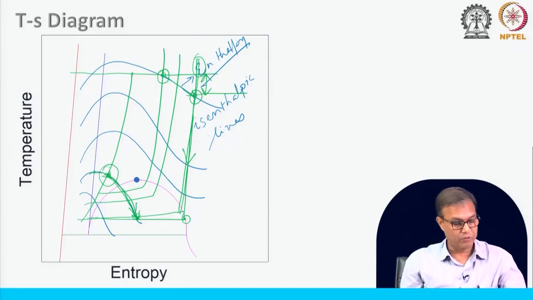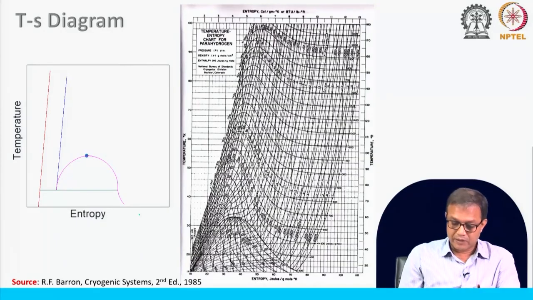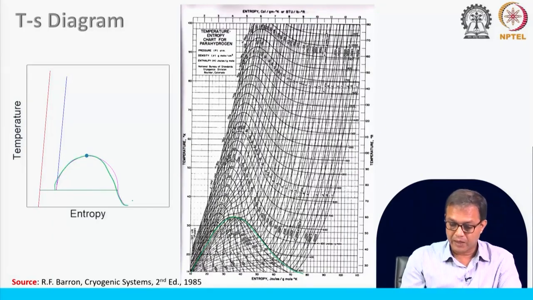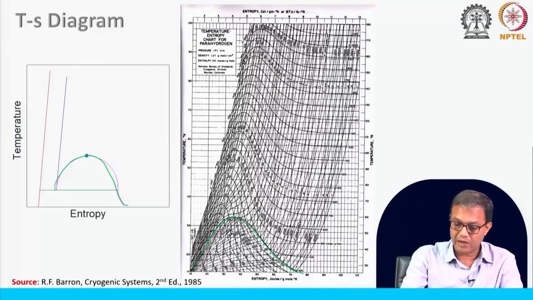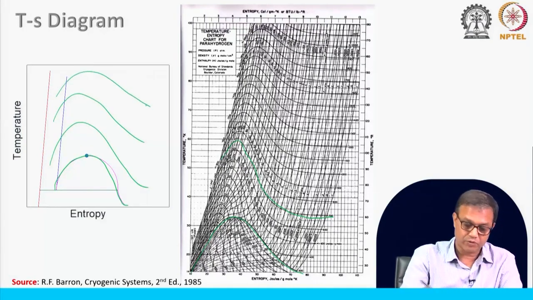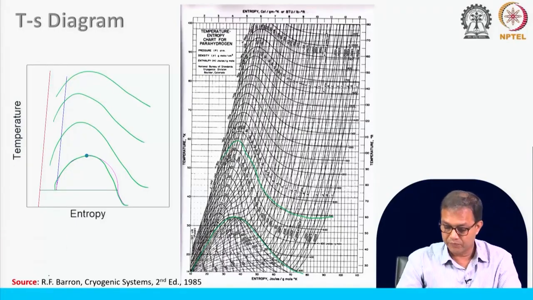Now, we will look into the actual TS diagram. You will find this is the liquid vapor dome that we have talked about. This is the liquid vapor dome here, and these are the isenthalpic lines that we have talked about, like this. Also we have talked about the pressure lines or isobars.